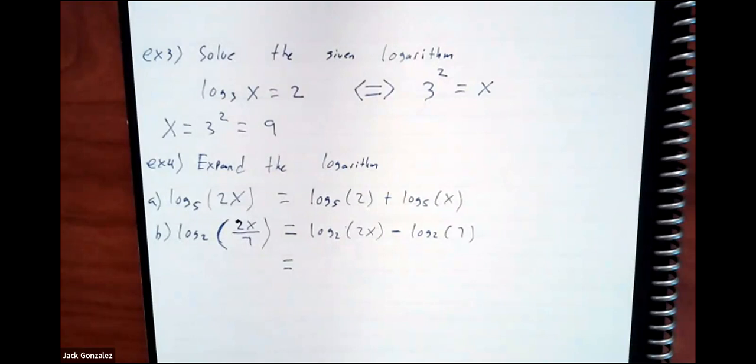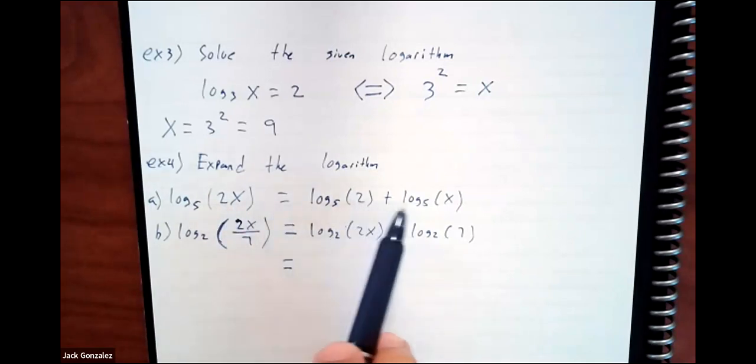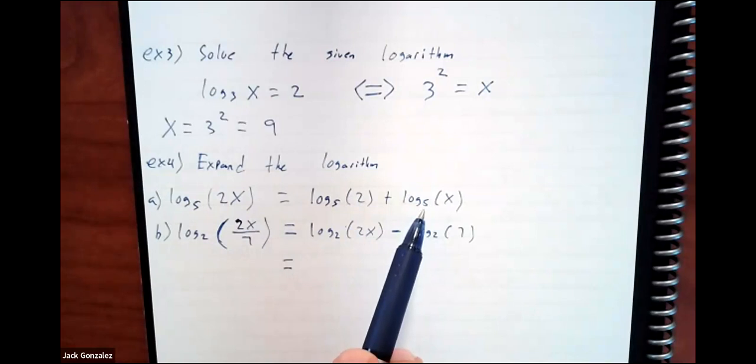And what do we just do in part A? By doing what? I think the plus. Right, we had a product of 2 times x. We changed it to a sum, right?